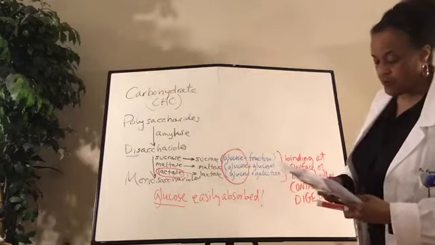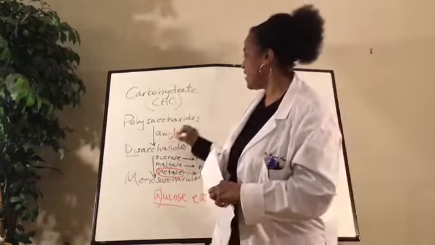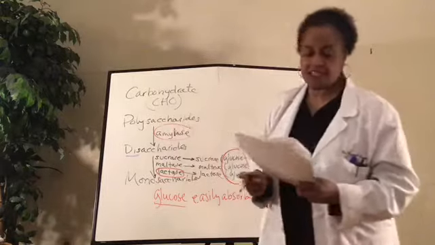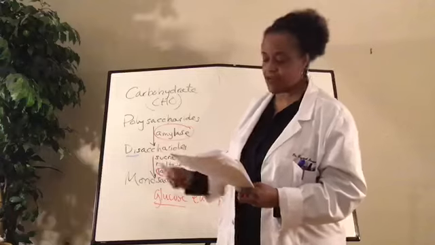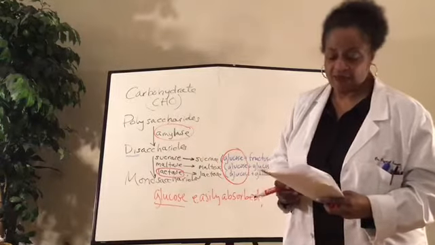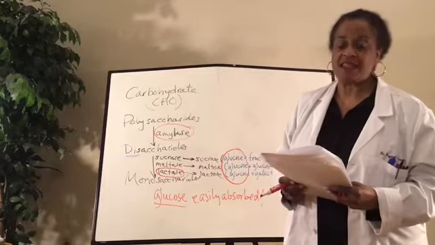A couple of things I want to mention about that before we move on is the amylase, which we mentioned here. Amylase is an enzyme that hydrolyzes polysaccharides into disaccharides. It's found in the saliva and pancreatic juice. It's the main enzyme in saliva.